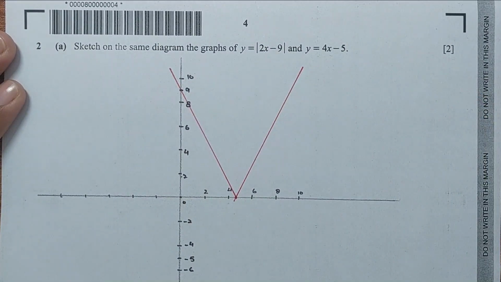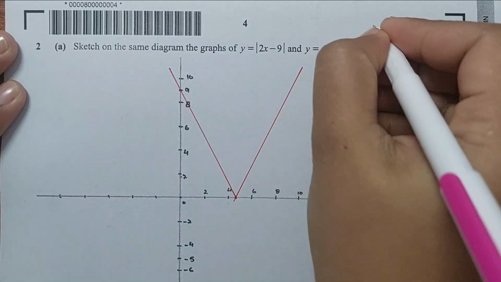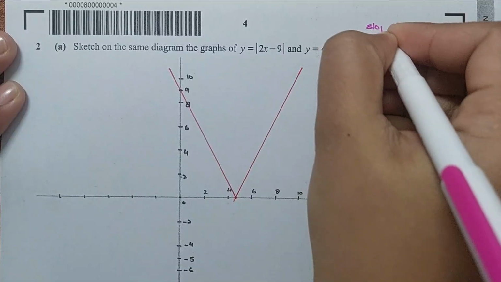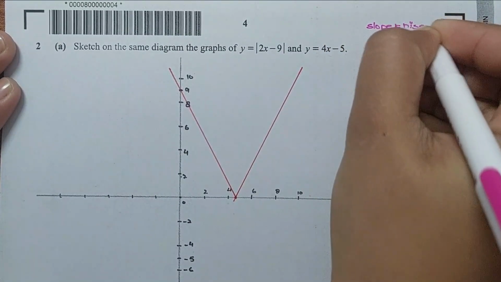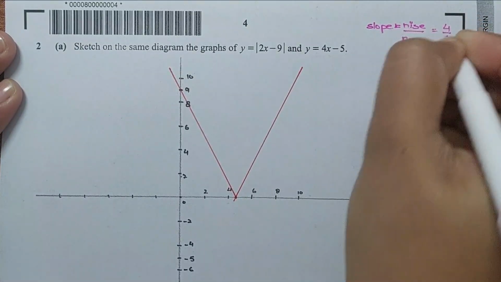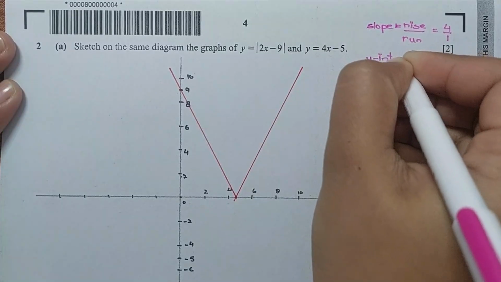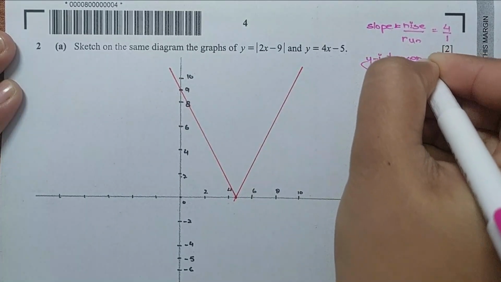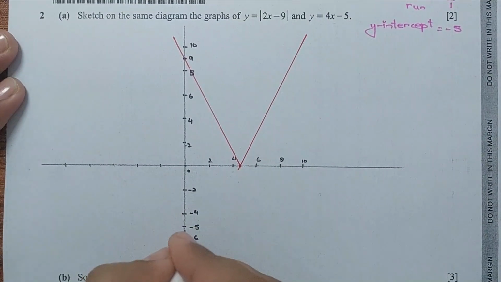Now for the second one, here we can use the method of x and y-intercept and the slope method, right? So for this function, the slope is rise over run, which is 4 over 1, and the y-intercept is -5.